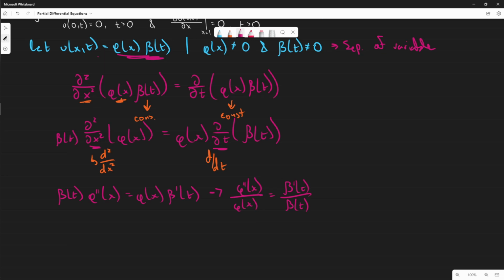Because we separated these two functions into different variables, beta and phi are independent of each other.